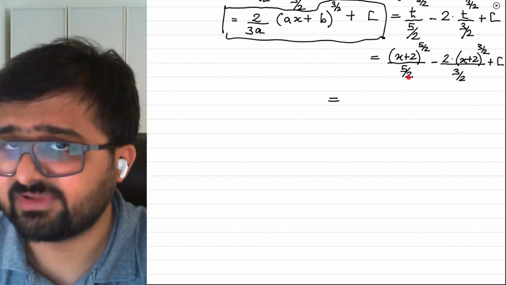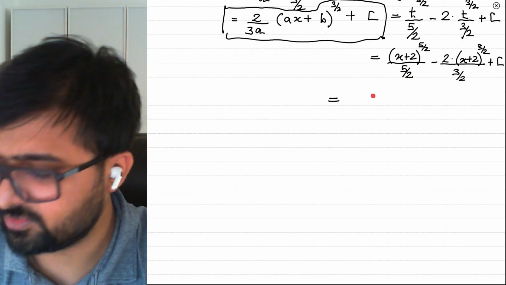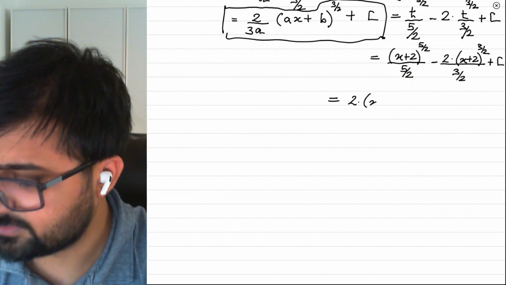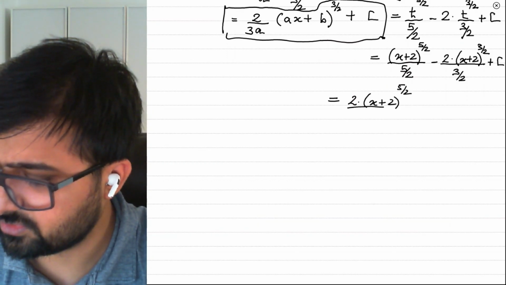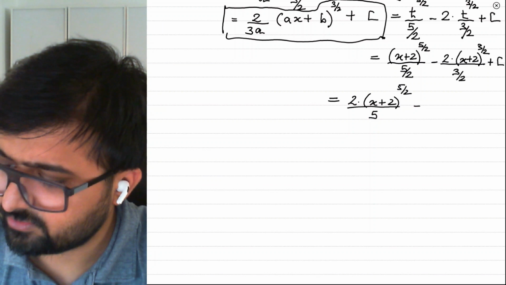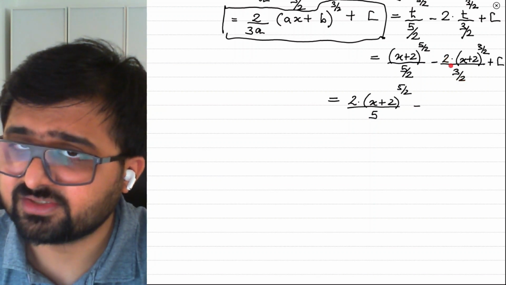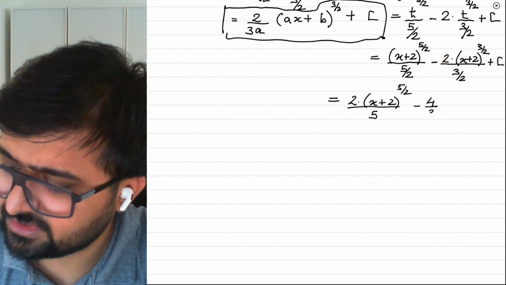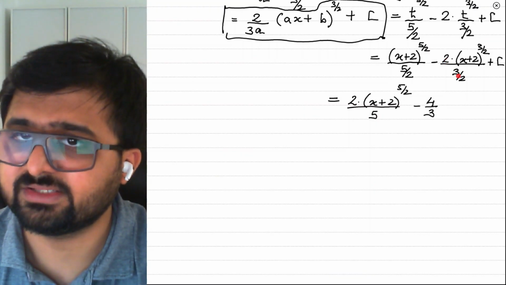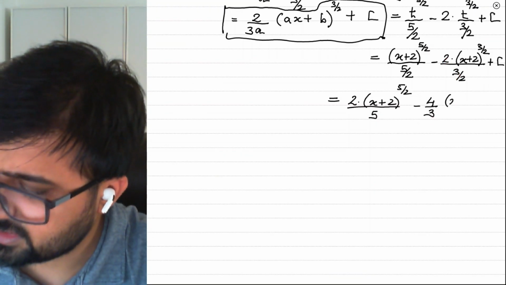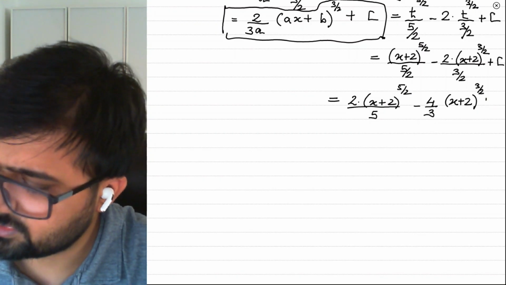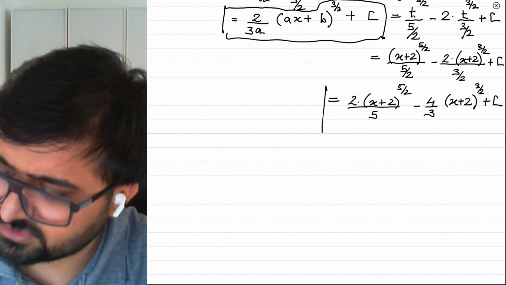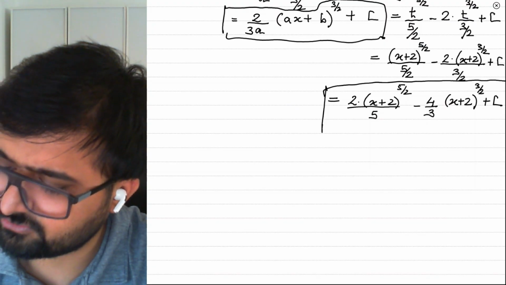You can simplify this further. This 2 can be taken in the numerator. So 2 times x plus 2 raised to 5 by 2 over 5, minus, this 2 can be taken here, so it will become 4 by 3, since 2 and 2 will become 4, and then there is this 3, x plus 2 raised to 3 by 2, plus the constant of integration c, which is your final result.